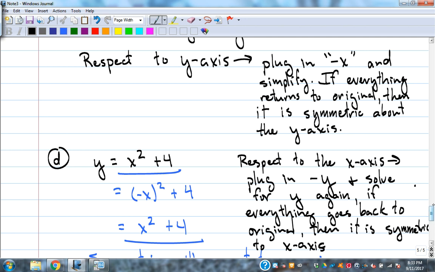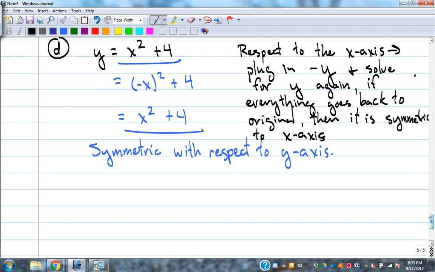So we're going to use the same example and decide if it's symmetric to the x-axis. Negative y equals x squared plus 4. To get y by itself again, what do I have to do? Divide everybody by negative 1.